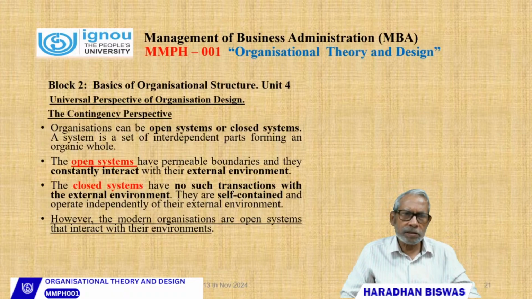Open systems have permeable boundaries and constantly interact with the external environment. But in closed systems, there are no such transactions with the external environment. They are self-contained and operate independently of their external environments. However, modern organizations are open systems that interact with their environments.